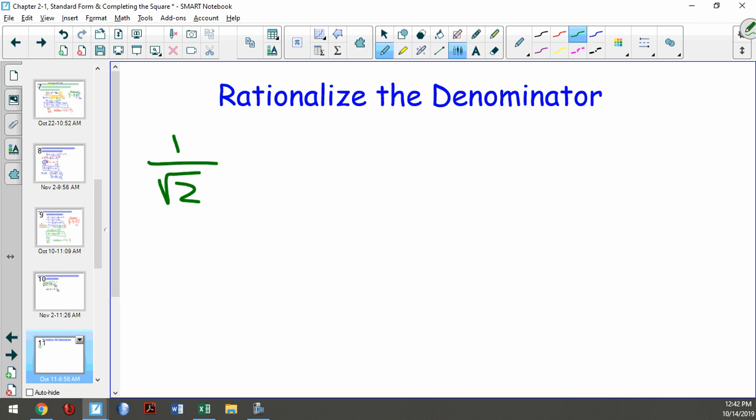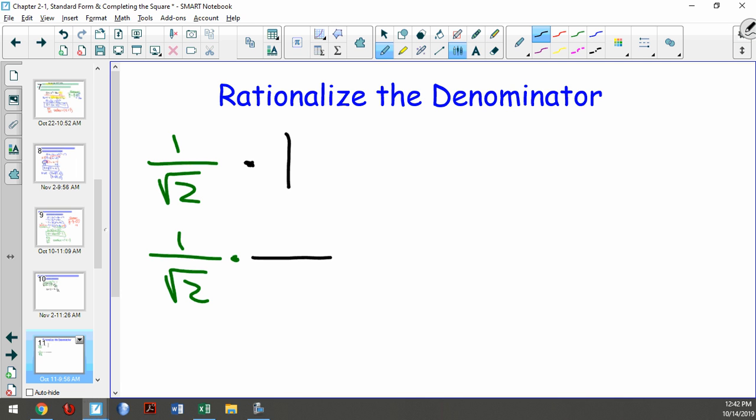You with me? Now, what we're going to do is we're going to multiply this by a value of 1. Multiplying by a value of 1 does not change a quantity. It just simply changes what it looks like. So I'm going to keep this, but I need to multiply by what I need to get rid of that square root.